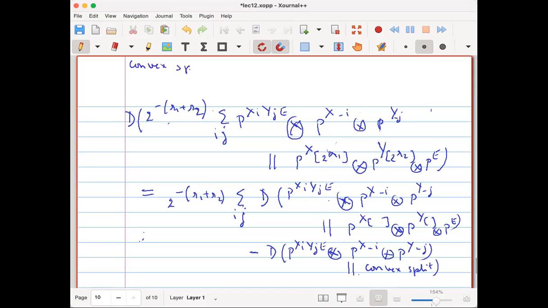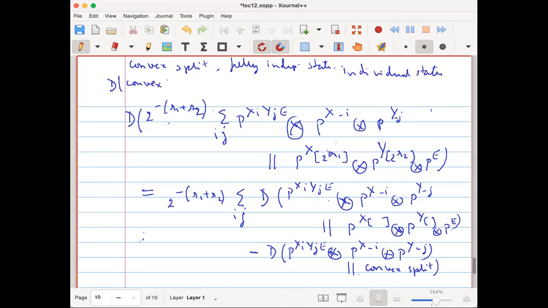There's a convex split state, then there is the fully independent state, and then the convex split state was the average. And then there are the individual states. So the convex split state is an average of the individual states.